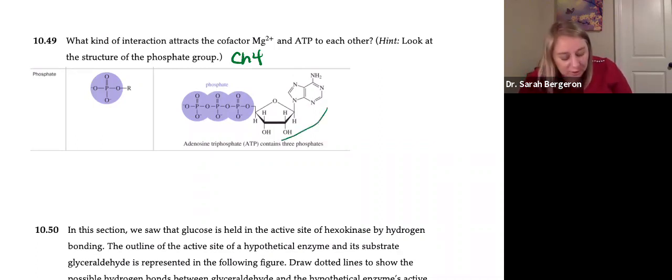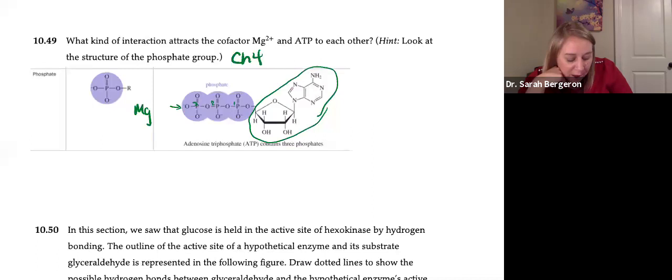This is our adenosine right here, and then the triphosphate, here's 1, 2, 3 phosphate groups. So if I have a negatively charged oxygen here, and I have an Mg2+, I am going to have an ionic interaction, right? That's a really, really strong interaction. This is magnesium 2+.